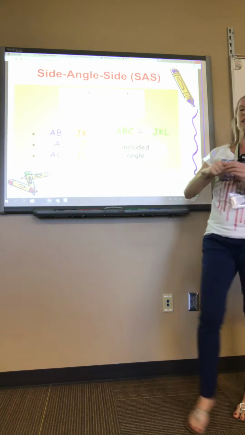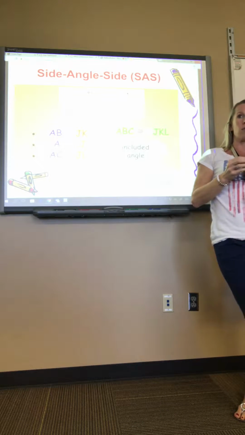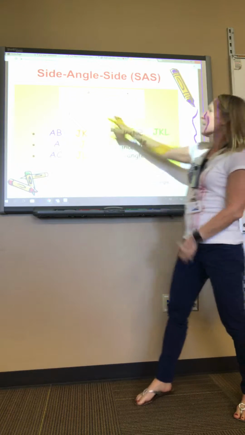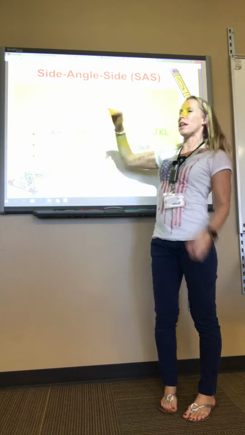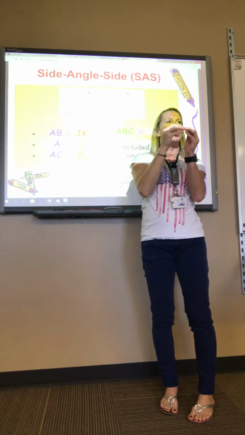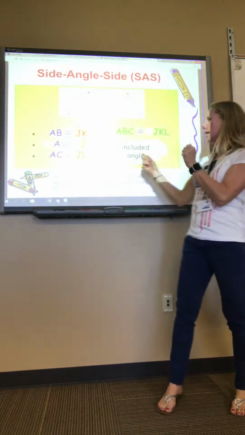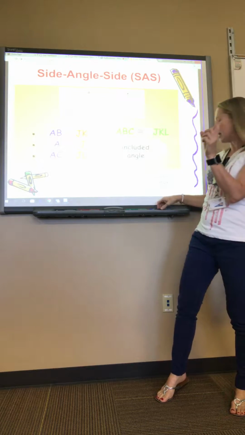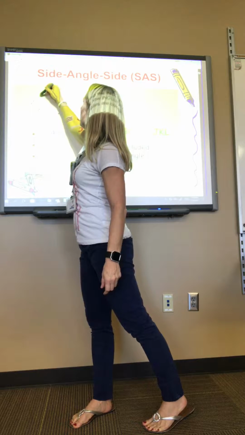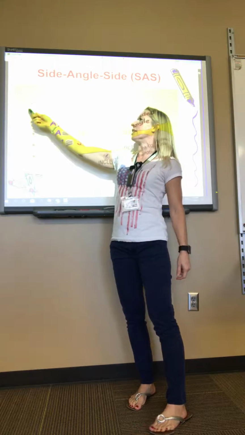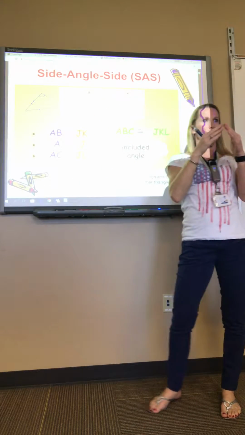Another way is by side, angle, side. Now this way is really important. Side, angle, side. It's important that you see that the angle is in between the 2 sides. It's the included angle. Because there is a difference. If I have, do you see how the angle is not in between the 2 sides?